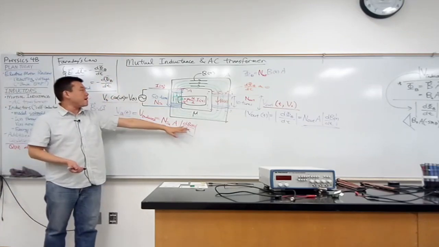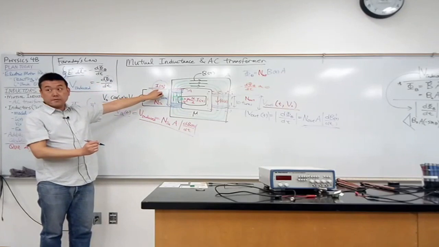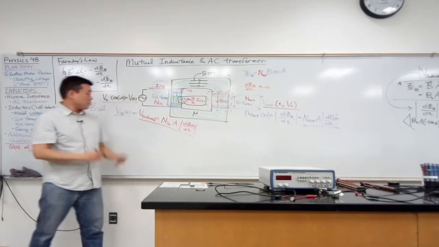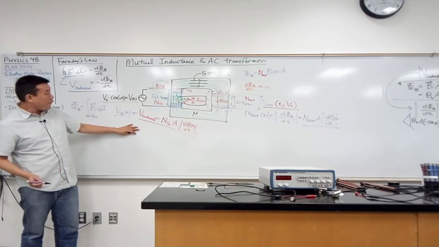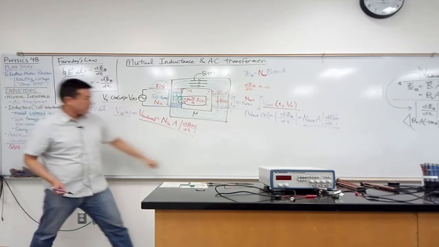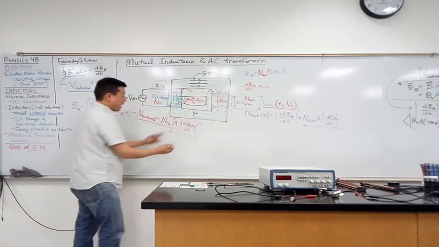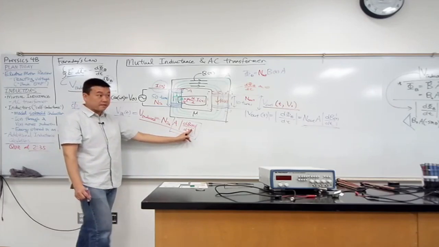So what this argument is hiding is exactly what's happening with the current, because the current is directly related to the magnetic field. But the key thing is this. For both V in and V out, this portion is the same: area of a single loop times the rate of change of magnetic field.